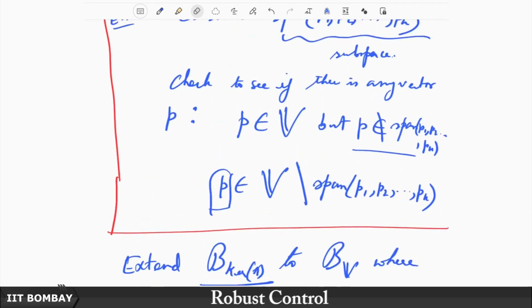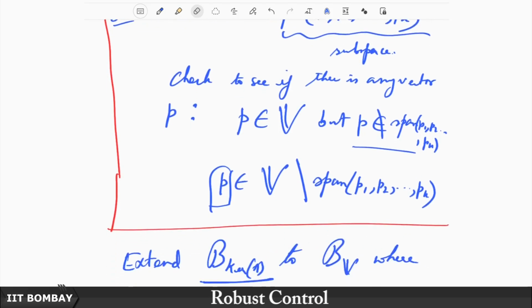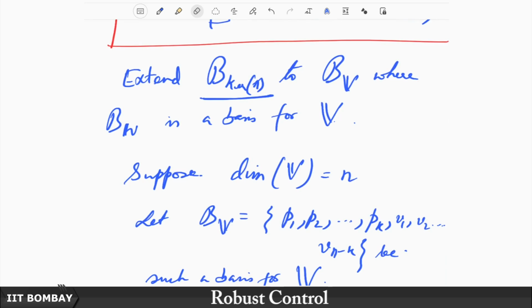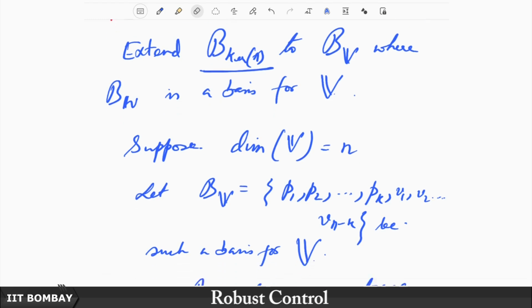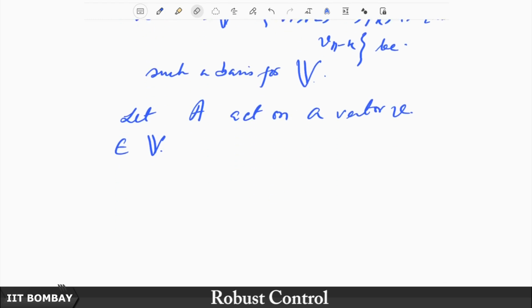The point is that for the kernel you have a basis of size k, cardinality k, right, and then you extend that set of k vectors which form a basis for the kernel till you get a basis for V. So you have to only add n minus k new vectors to it, right.